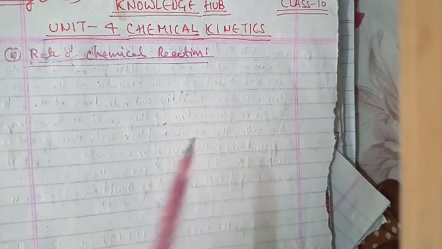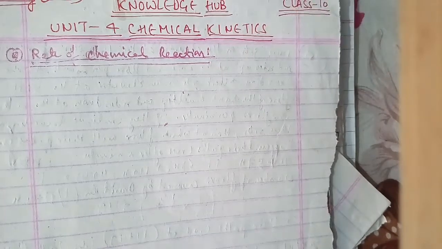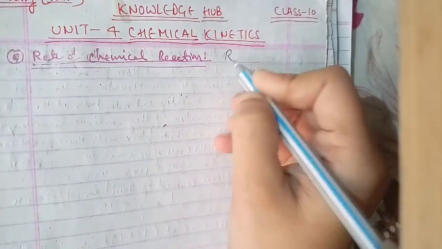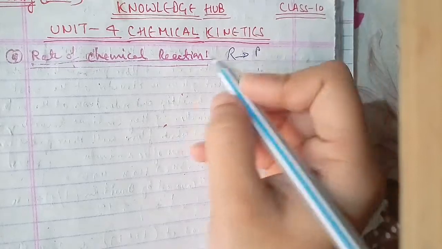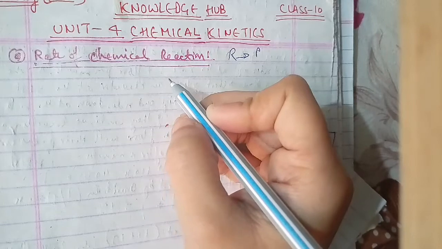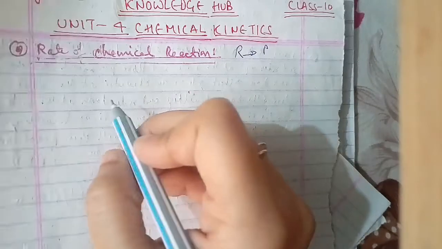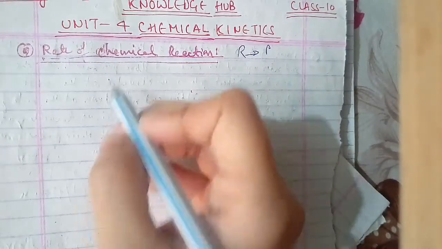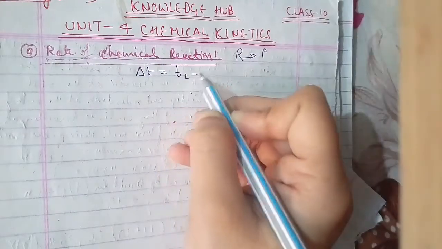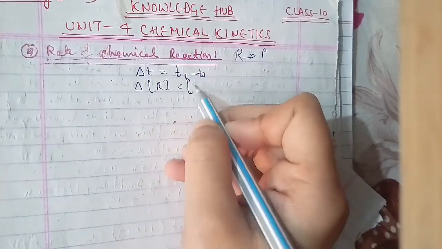Here 1 mole of the reactant R produces 1 mole of the product P. The concentrations of R and P at time T1 are R1 and P1, and their concentrations at time T2 are R2 and P2. So we can represent that as delta T equals T2 minus T1, delta R equals R2 minus R1, and delta P equals P2 minus P1.